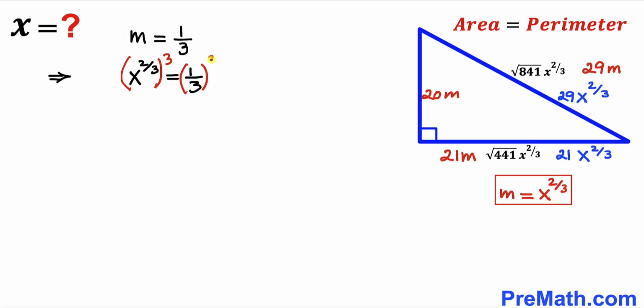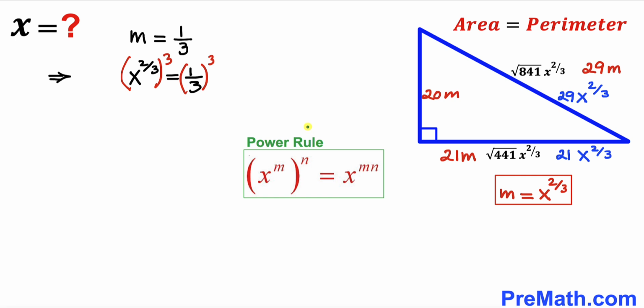Let's recall the power rule of exponents. We apply it on the left hand side by multiplying these two nested exponents. So the left hand side becomes simply x square equal to 1 divided by 27.